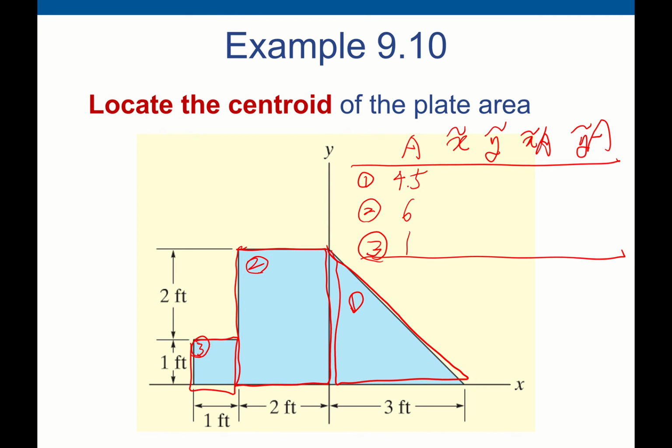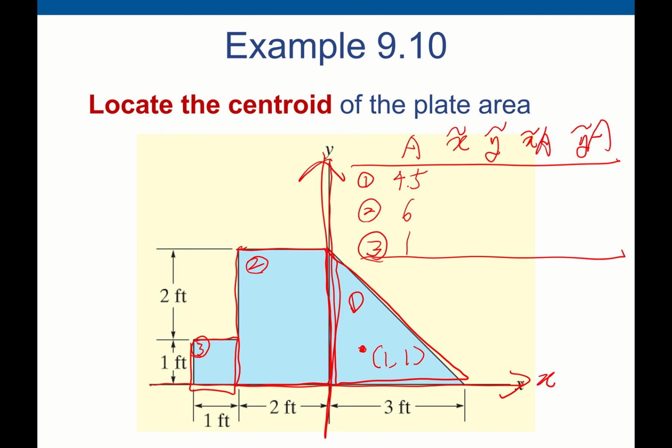Okay, so let's look at the x tilde part. What is the centroid of this first triangle part? We already know that for the triangle, the centroid should be here. That is, if we set the orientation like this, and the y-axis is here, then we can say that this is 1, 1.